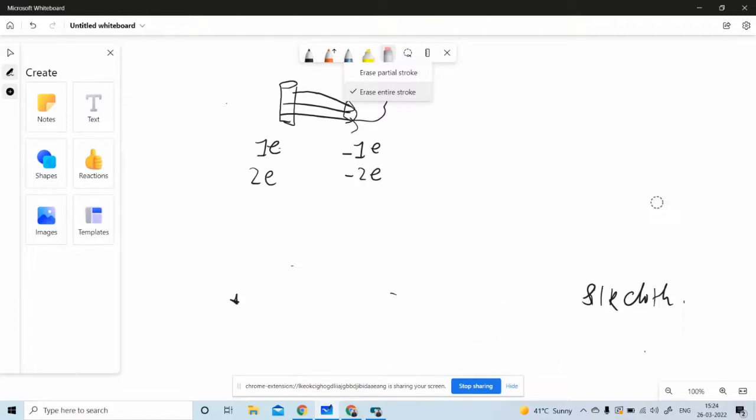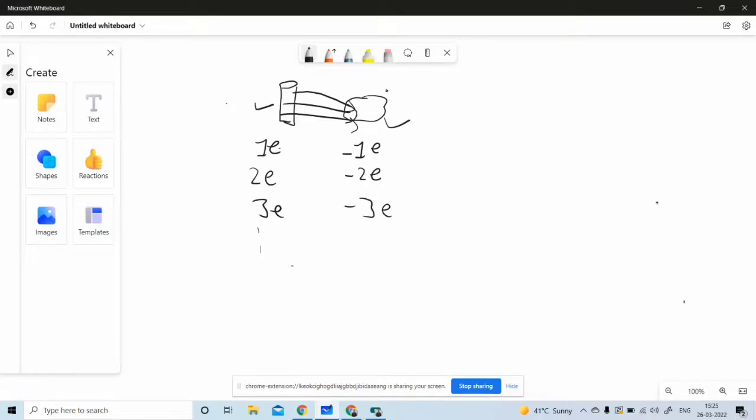The silk cloth will receive electrons in multiples of e, and the glass rod will lose electrons in multiples of e. That means the glass rod can lose 3 electrons, the silk cloth will gain 3 electrons, and so on. So the positive charge on the glass rod or the negative charge on the silk cloth cannot have all values.